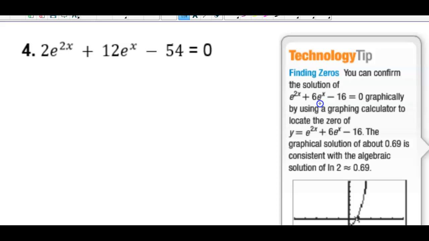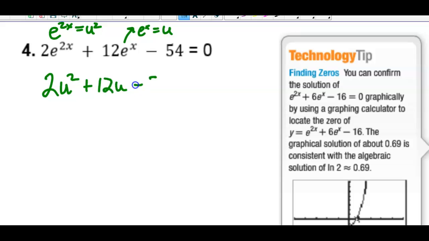All right, here's another one where we're going to factor. We're going to say e to the x equals u, which means e to the 2x is u squared. So we have 2u squared plus 12u minus 54 equals 0.